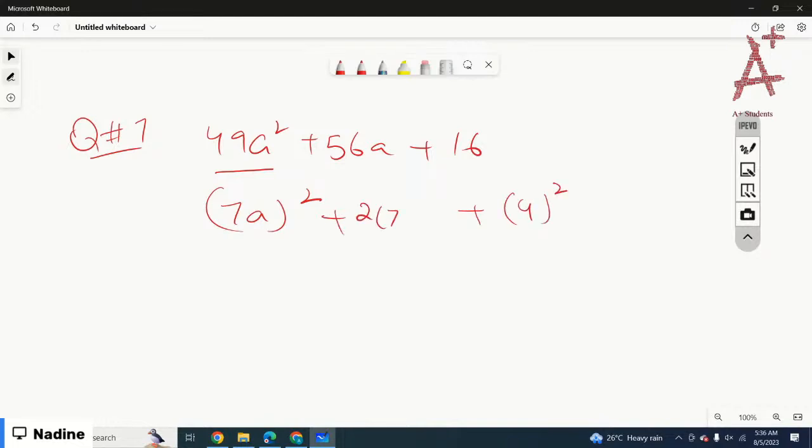So here you have 2, 7a and 4. 4 times 7 is 28 and 28 times 2 is 56. So that means this is the square of 7a plus 4 whole square.